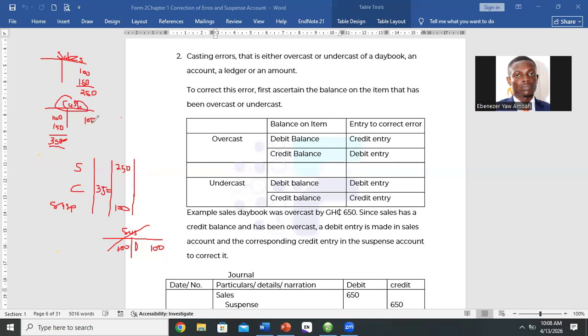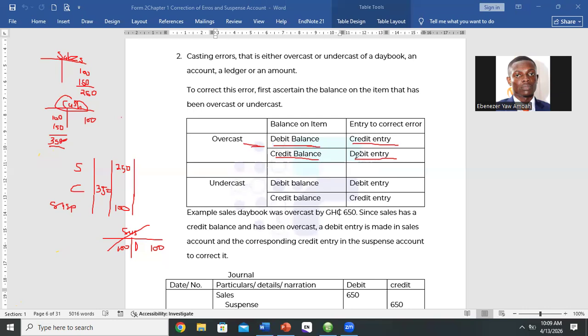So to correct the error, because the item has a debit balance and it has been overstated, you credit that particular item. If the item has a credit balance and it has been overstated, you debit. So for the overcast, if the item has a debit balance, you credit to correct it. If the item has a credit balance, you debit.